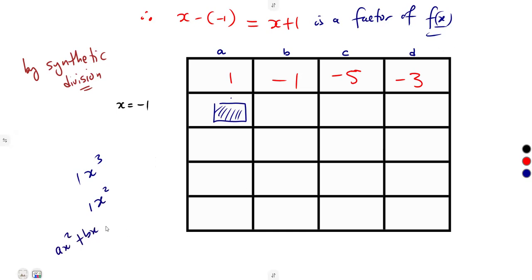So this coefficient of x squared, our a, is the same as the coefficient of x cubed of the cubic expression. These two are the same whenever we apply our division. So meaning to say that if we have a 1 here, the coefficient of a of the quadratic, the one that you're going to have at the end, is going to be also a 1.